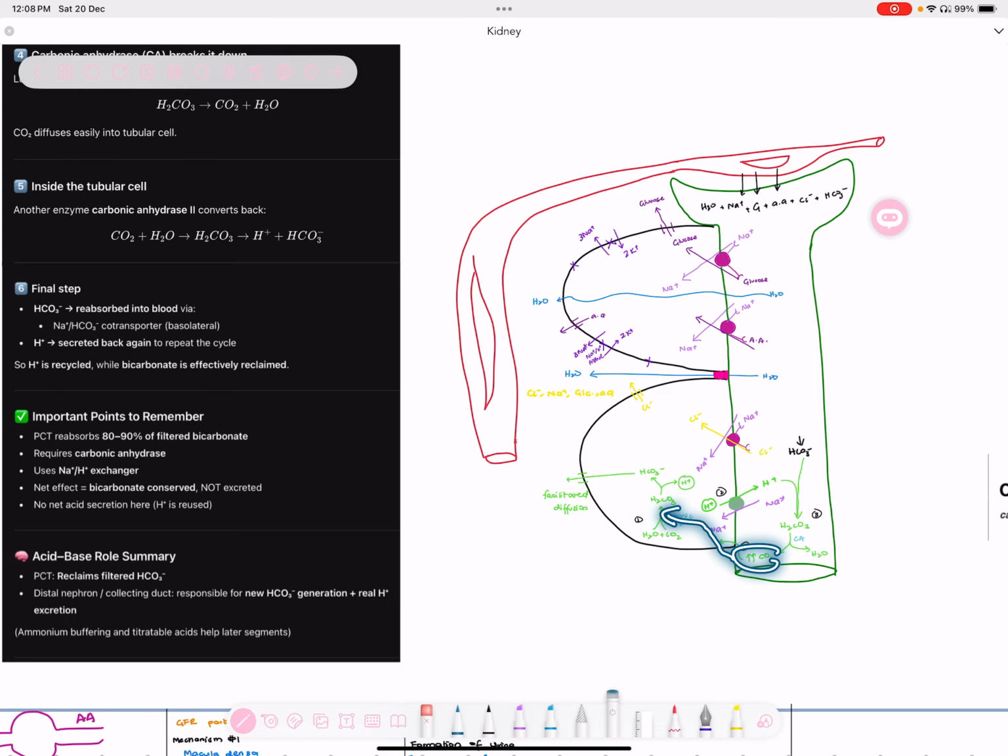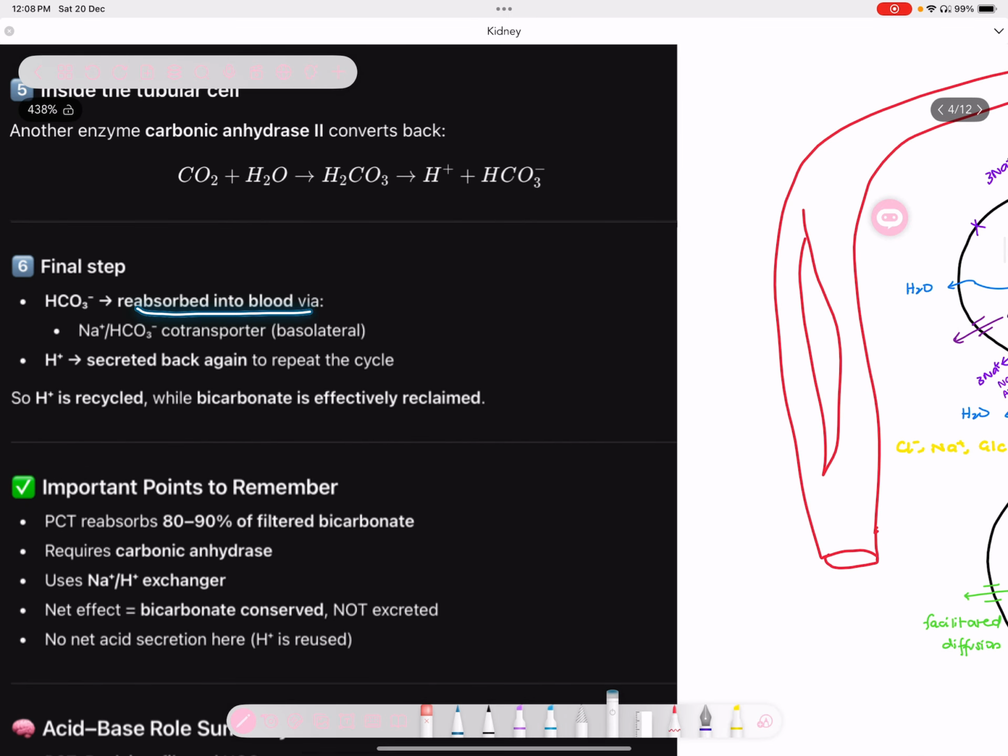And once it goes into the tubular cell, it again forms carbonic acid and then it again dissociates into bicarbonate and proton. So this bicarbonate is reabsorbed into the blood via the sodium bicarbonate co-transporter.